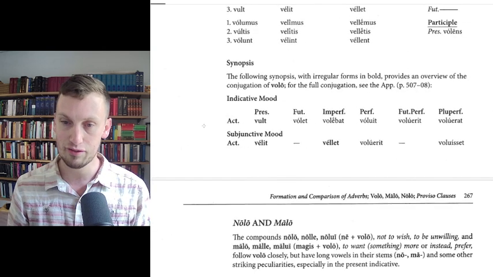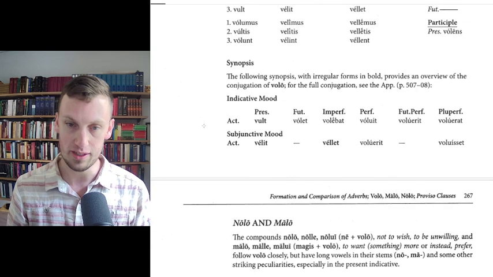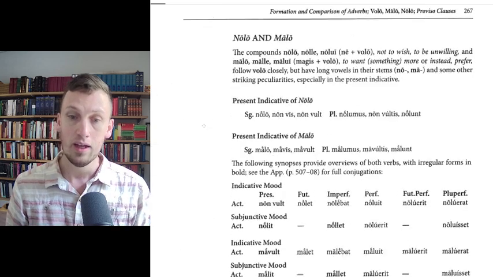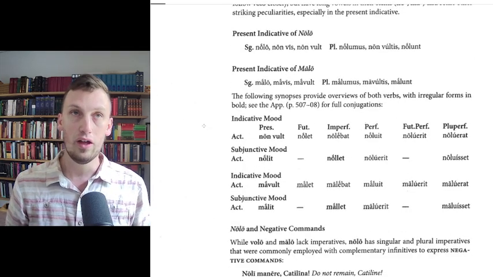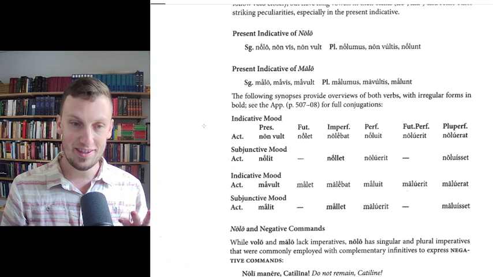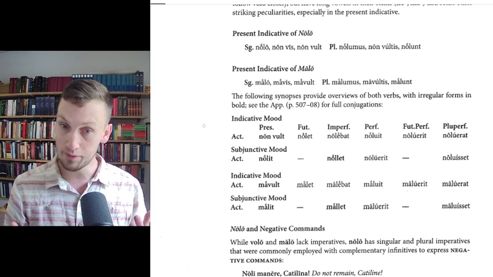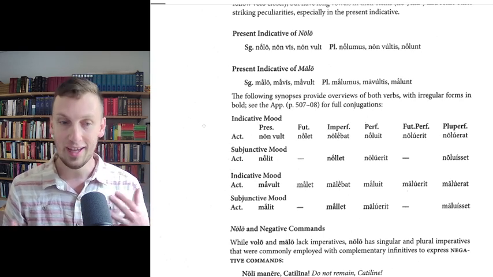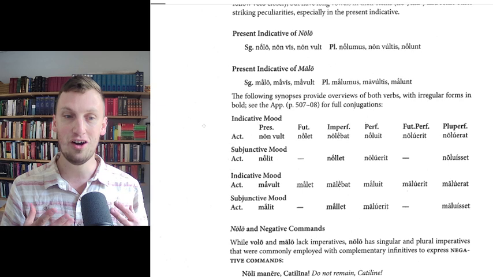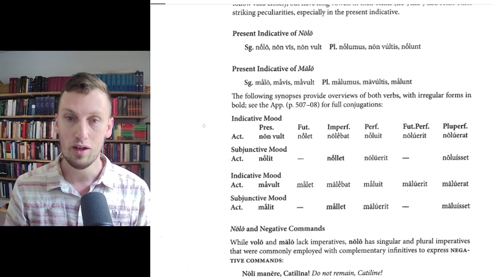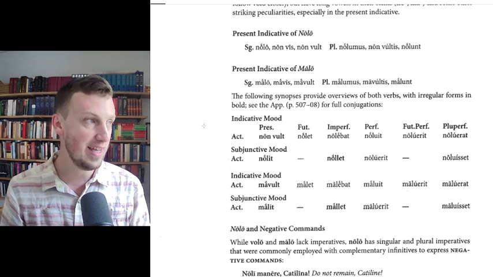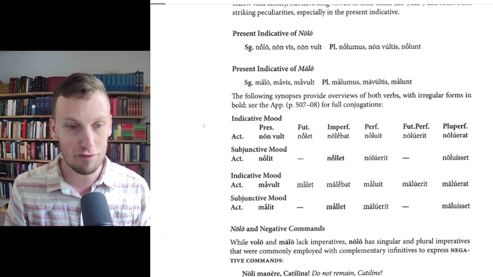And you'll scan across the forms here outside of the indicative. Now, modifying this is a very common word, so it's irregular, and the modifications of it are equally irregular. So you could, in theory, just say non volo, but you don't find that.